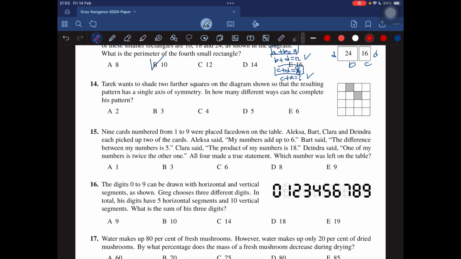Sorry. So let me do 1, 2, 3, and 4, like 1, 2, 3, 4, let's say, and 5 like this.